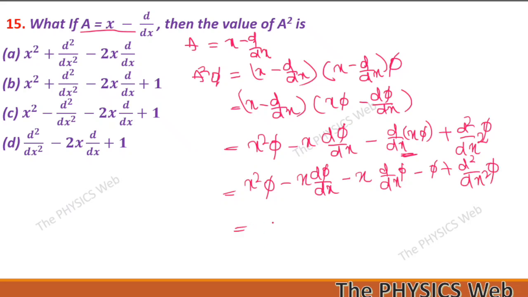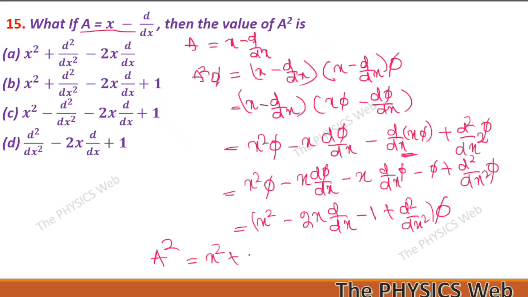So x square minus 2x d by dx minus 1 plus d square by dx square phi. Okay, so A square will be x square plus d square by dx square minus 2x d by dx minus 1. So B is your correct option.